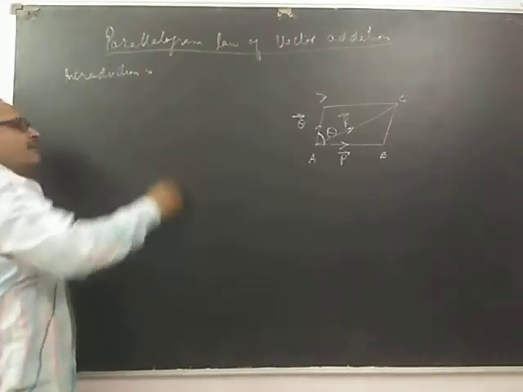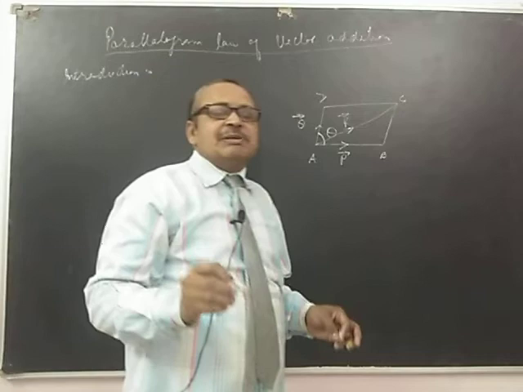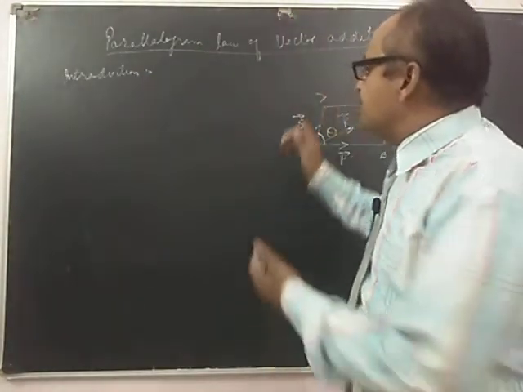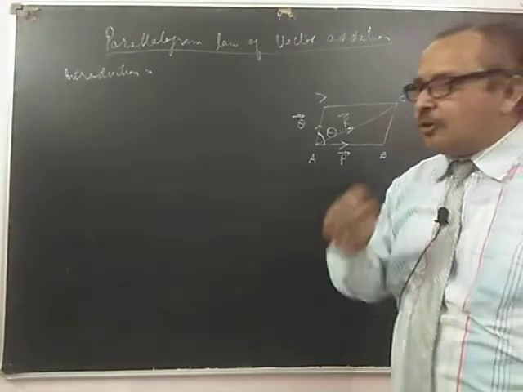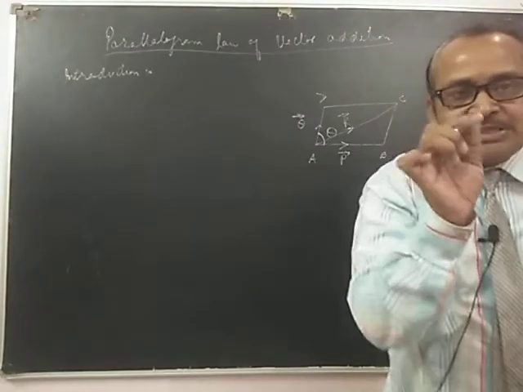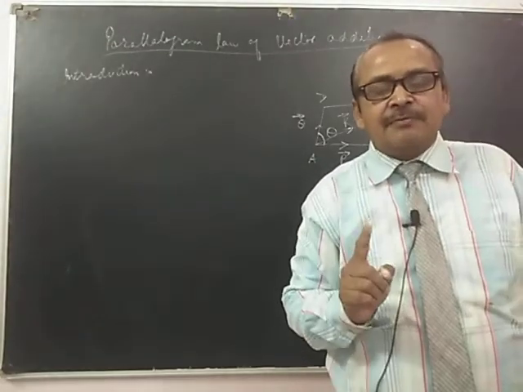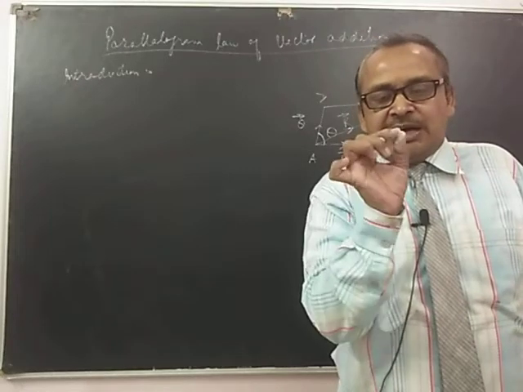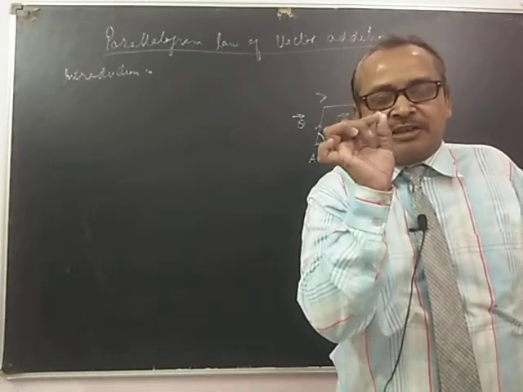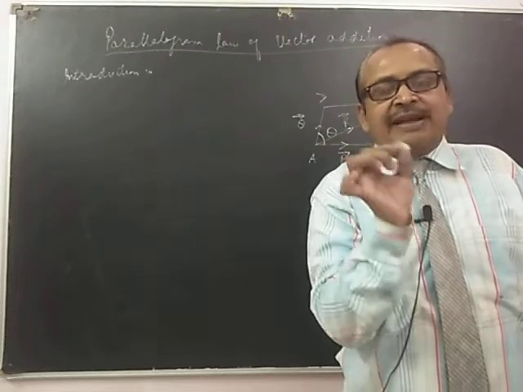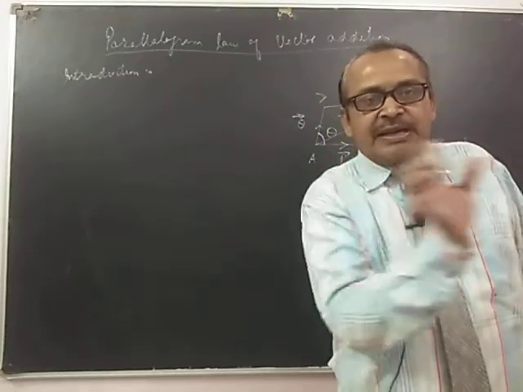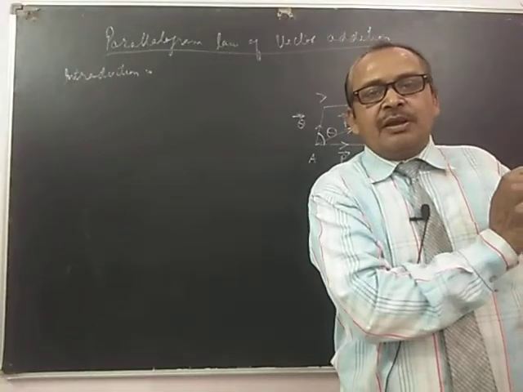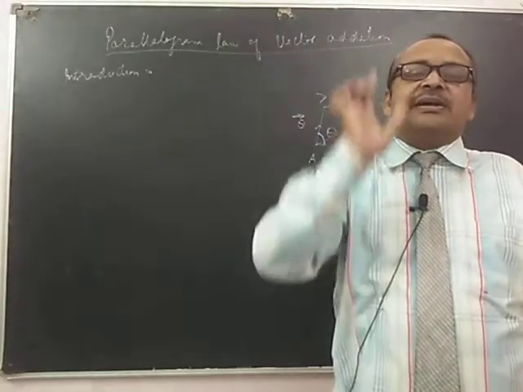introduction. Okay, one thing you should always remember whenever I talk about when we derive a formula, whether it is through triangle law or parallelogram law, you must remember one thing very clearly. The vector first, when I say suppose P and Q, so P vector will be represented along x-axis and Q will be represented along y-axis.